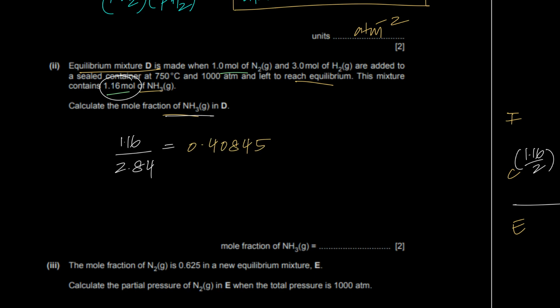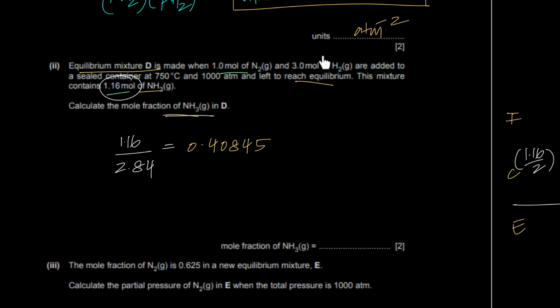You get 0.40845. But then again, look at how the examiner has given me values. He's given me 2 sig fig, 2 sig fig, 2 sig fig, right? Everywhere 2 sig fig. And then, hey, he's given me 3 sig fig here. Now, this is where your concepts come into play. I know we use the lower significant figures.